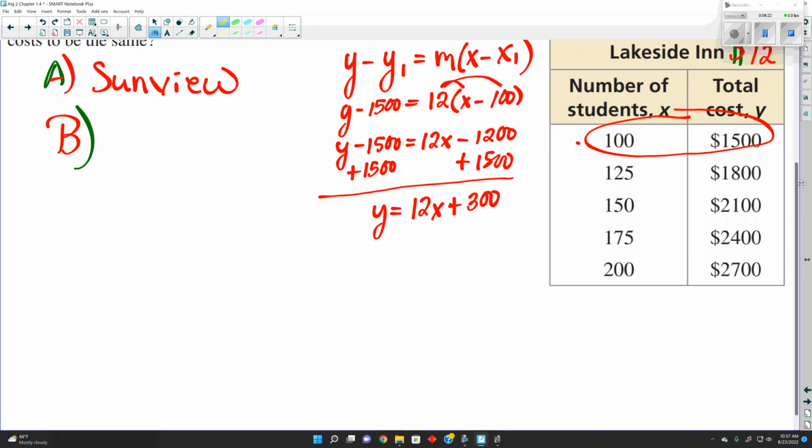So what we can do is set 10x plus 600 equal to 12x plus 300 and solve for the value of x.